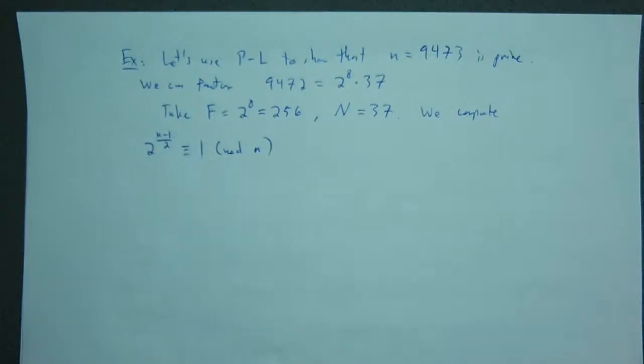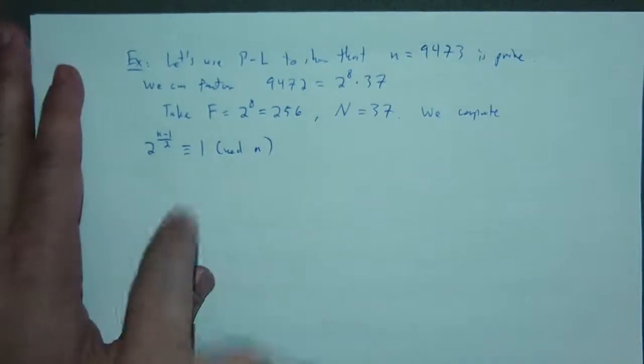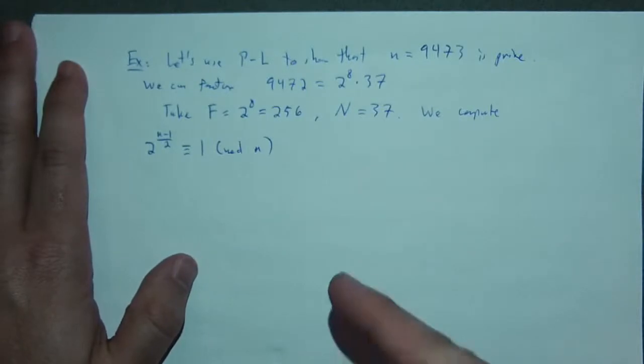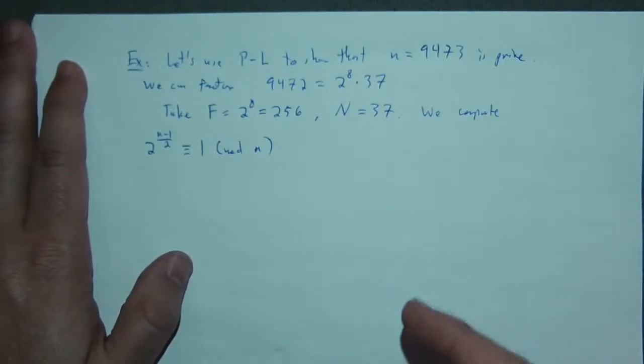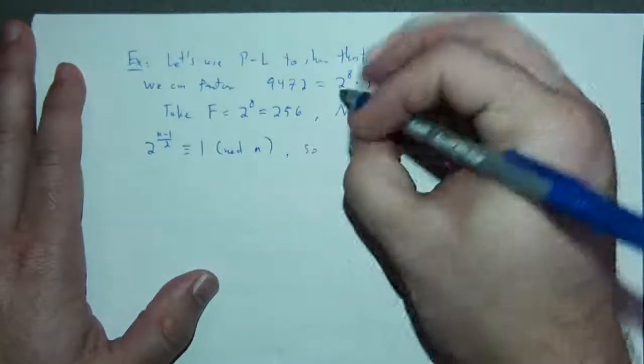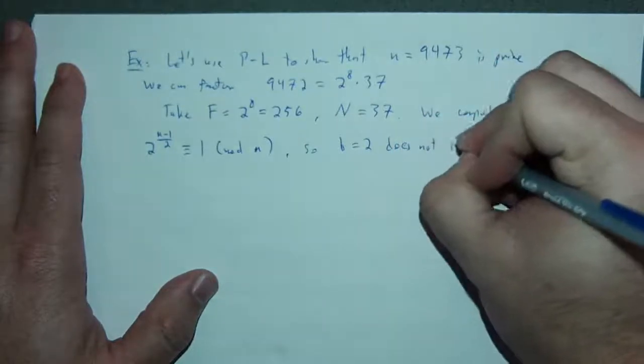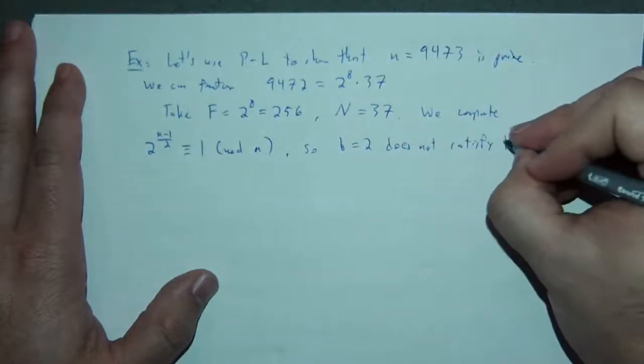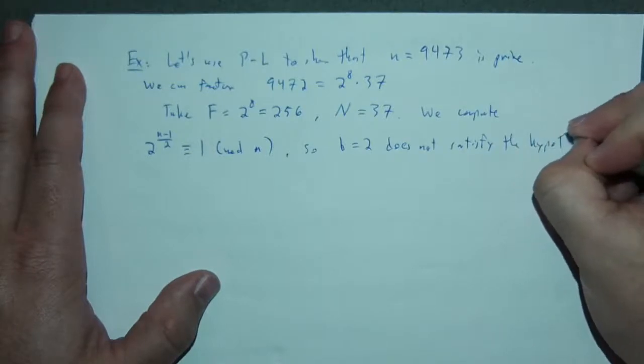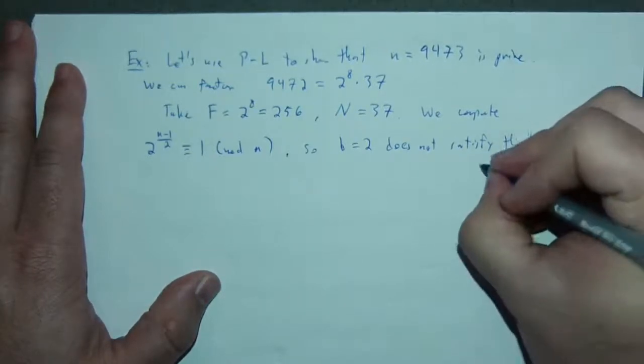We're checking what this is congruent to mod n, right? And so note that 2 to the (n minus 1) over 2 is congruent to 1 mod n, so b equals 2 does not satisfy the hypothesis of Pocklington-Lehmer.